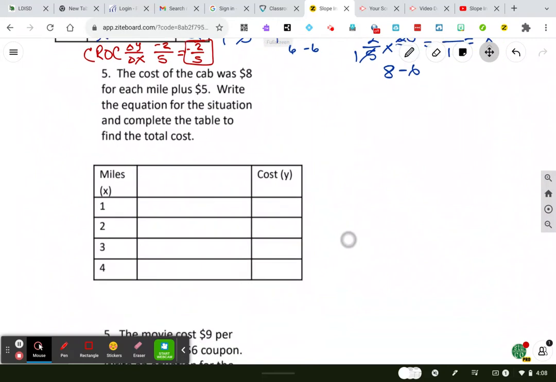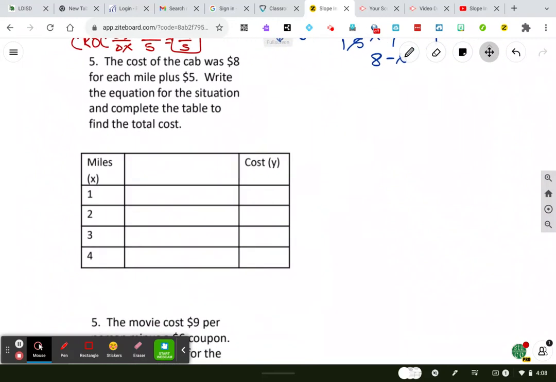All right, let's get down here where it says the cost of a cab was $8. Now I didn't give you the formula, or I didn't give you the equation. You're going to come up with that. So the cost was $8 per mile.